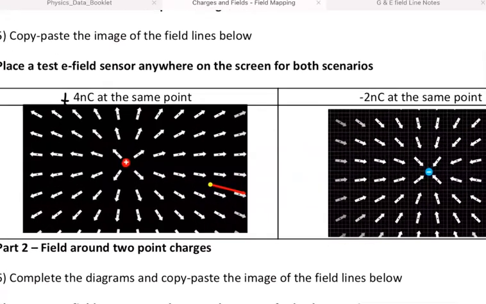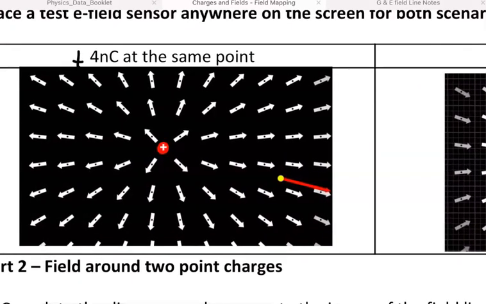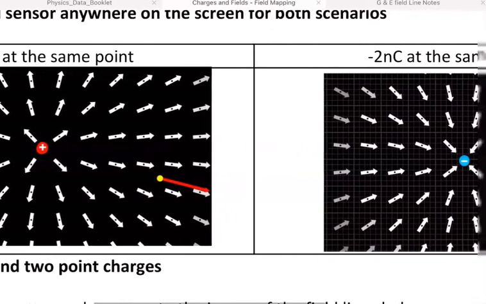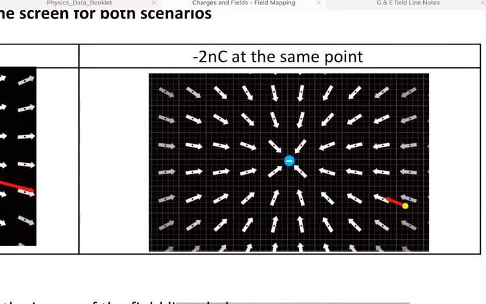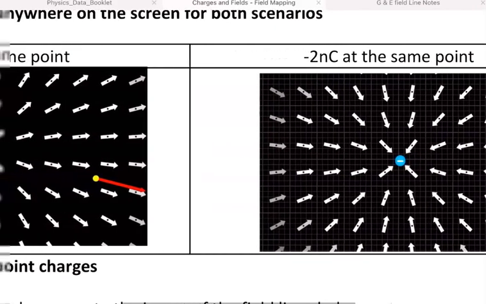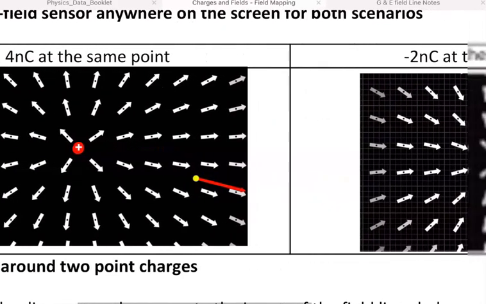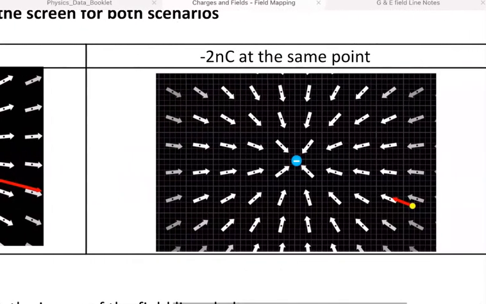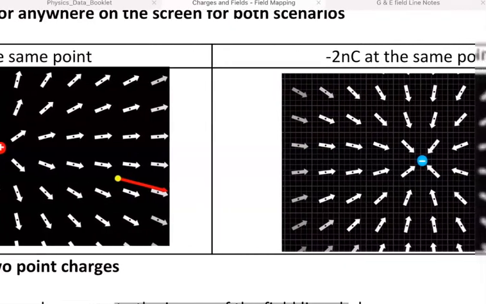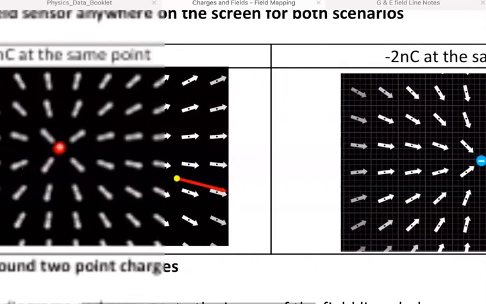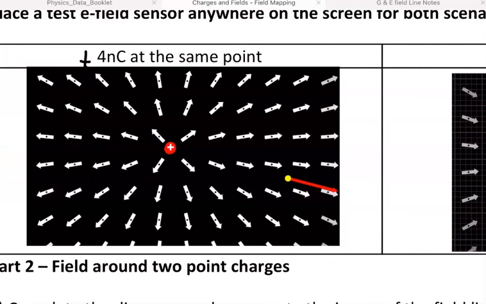You can see the difference between these two just by looking at it is the direction, but when you look at the E-field sensors, you can see that the positive 4 nanocoulomb charge has a larger E-field than the negative 2 nanocoulomb charge, and I tried to place the E-field sensor at the relatively same distance away. Now, how do we actually show this in a picture?